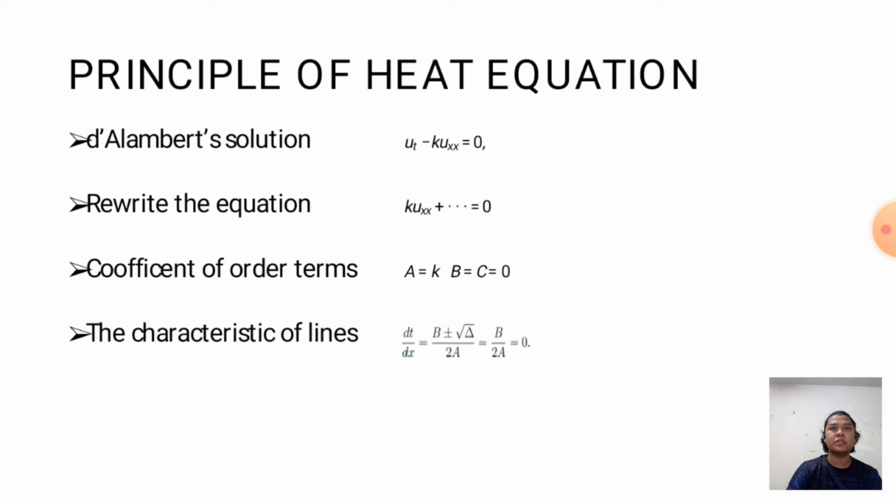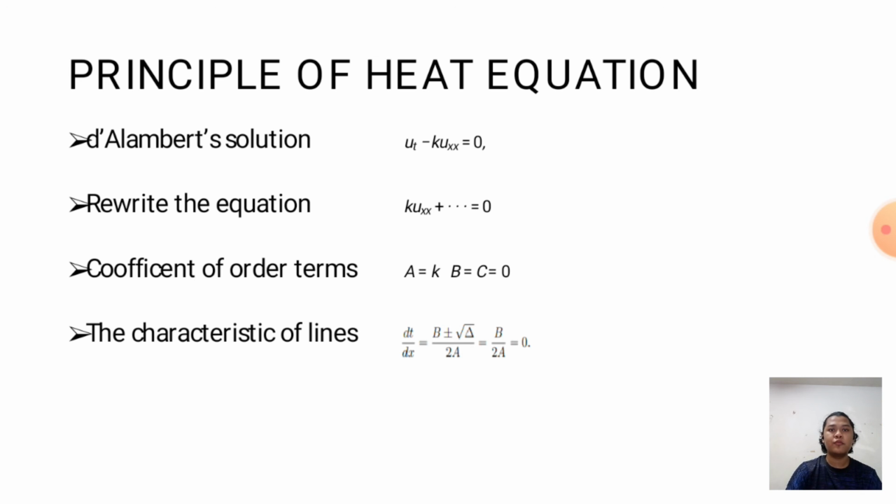The D'Alembert solution is usually used to solve the wave IVP because it does not provide anything for the heat equation. We also have to remember that the heat equation is of the parabolic type, which means it has one type of characteristic line.